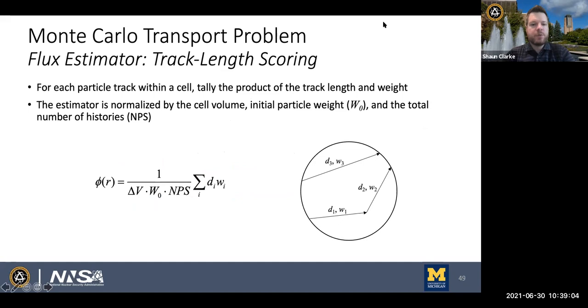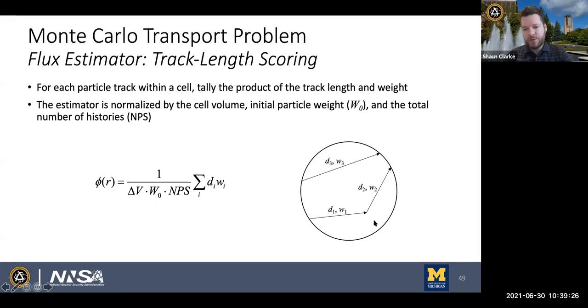For particle flux, we're generally doing particle flux estimation in a volume. In this tally or estimator, there are 2 ways to do that: track length scoring and collision scoring. Track length scoring is the most common. In this approach, we have this volume.